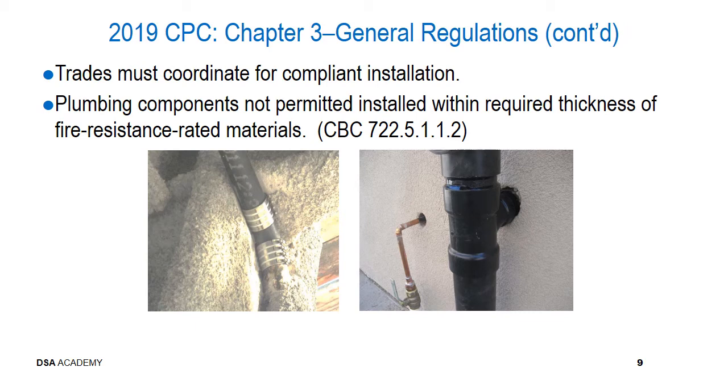It also appears that the pipe on the top was connected to that elbow after the application of the fire retardant spray. So it also appears that maybe the piping itself is partially embedded into the sprayed on fireproofing.